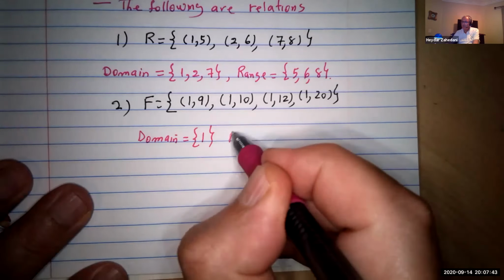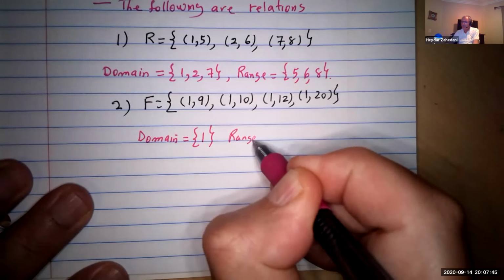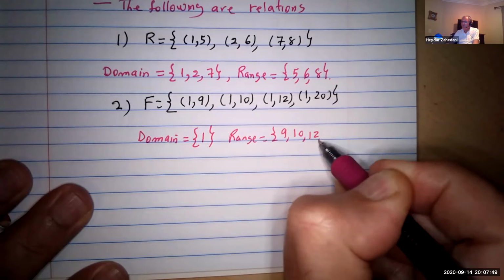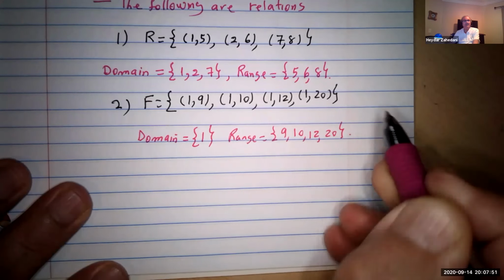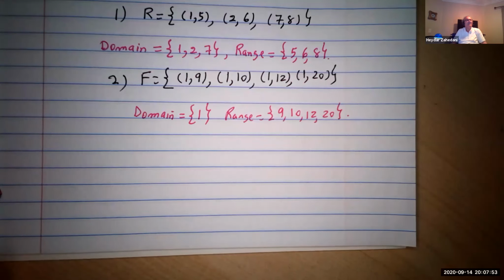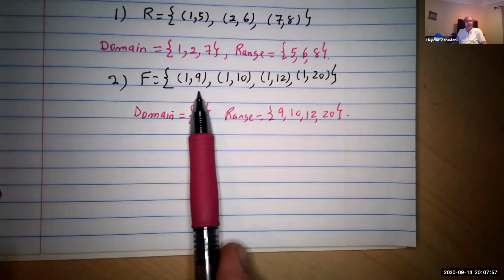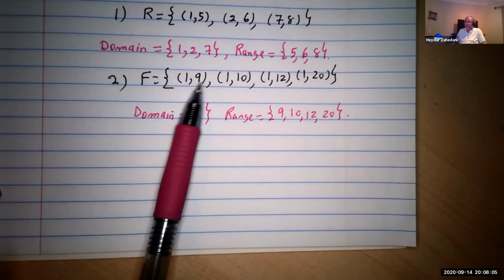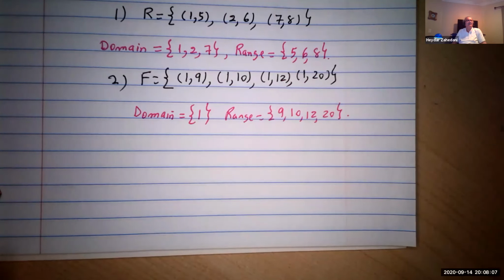What's going to be the range? The range is the second component. The second components are 9, 10, 12, and 20. Okay, it's a relation. It's like somebody who is related to other people, like your Facebook friends. This is you, and these are your friends. So you are in a relationship.